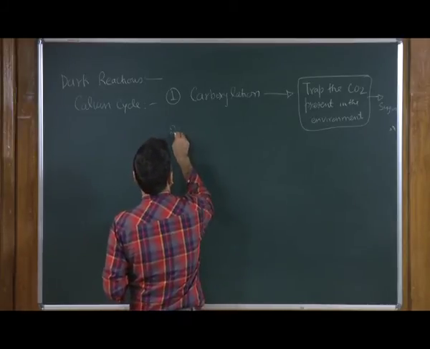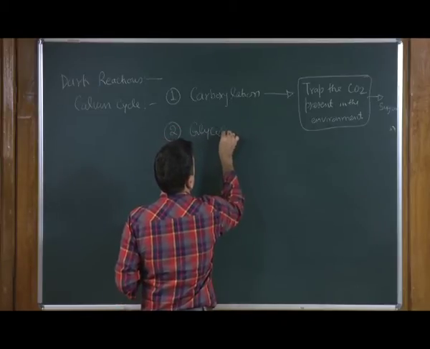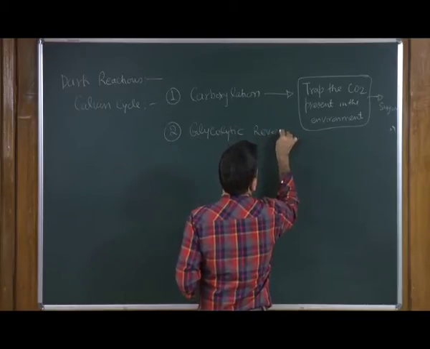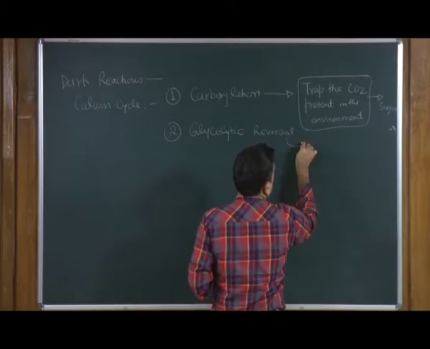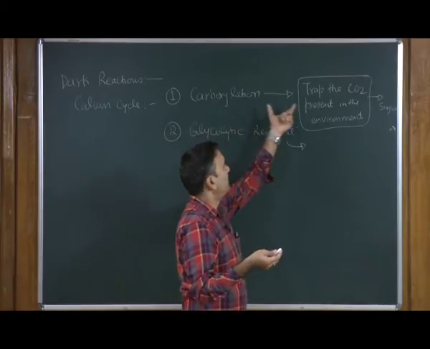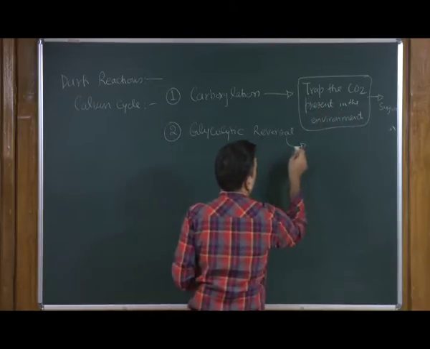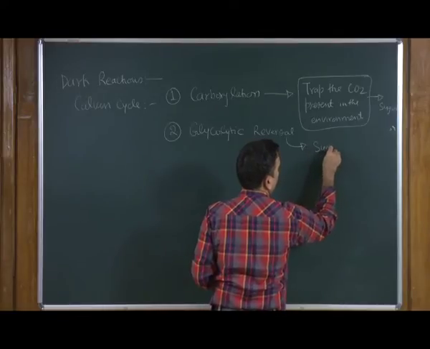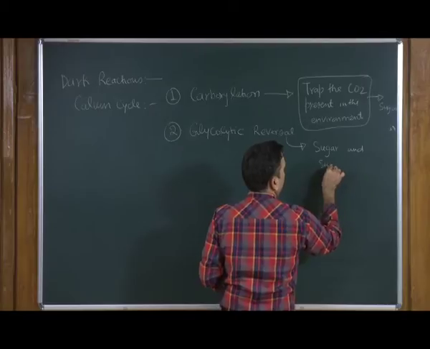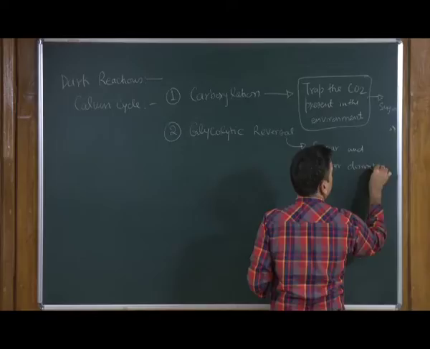The next step is a set of chemical reactions which will then use the carboxylated products to generate the sugar. So, in this process you are going to generate the sugar and the sugar-related derivatives.